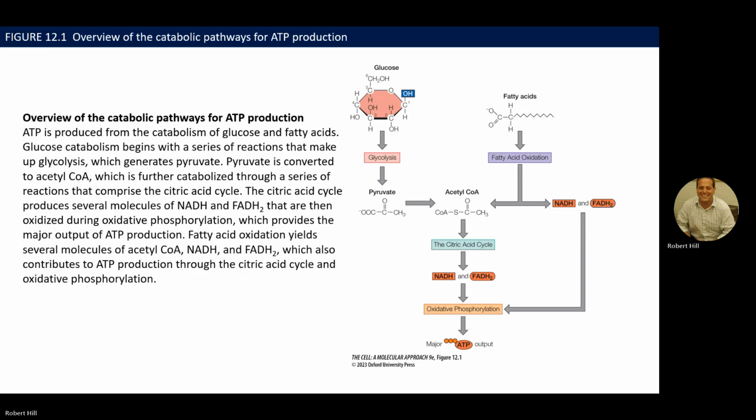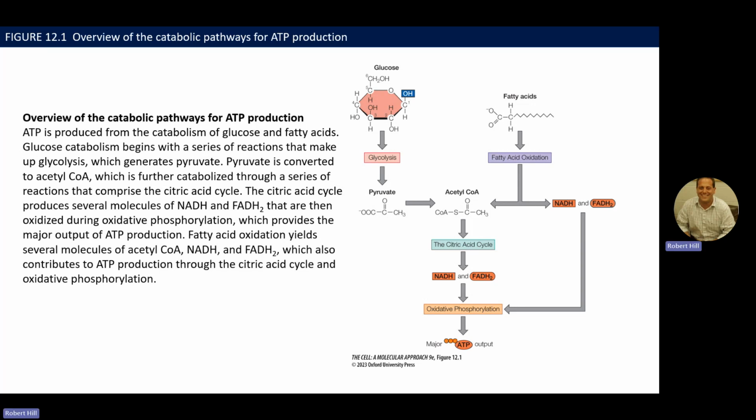The third thing is oxidation-reduction reactions. So this process right here, going from glucose to pyruvate in glycolysis, is essentially an oxidation reaction. Glucose is getting oxidized. Now, if something is getting oxidized, something has to be getting reduced as well, right?